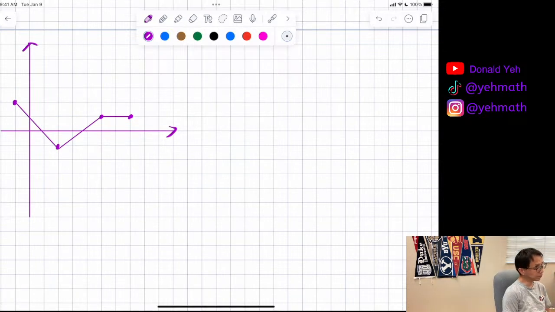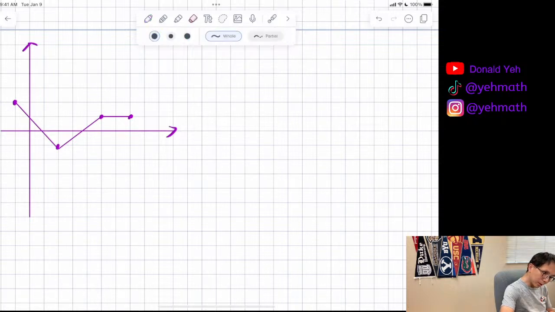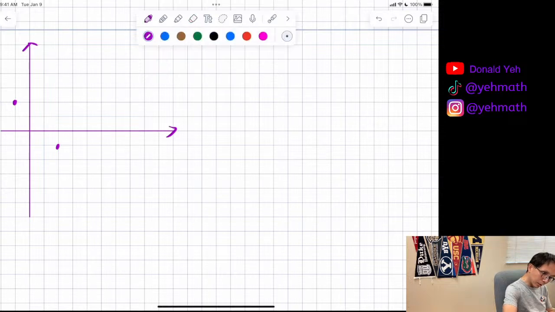First of all, hold on, let me do a little bit different. Hold on. Let's just say I have a graph like this, and graph like this, and a graph like this. I change it a little bit.